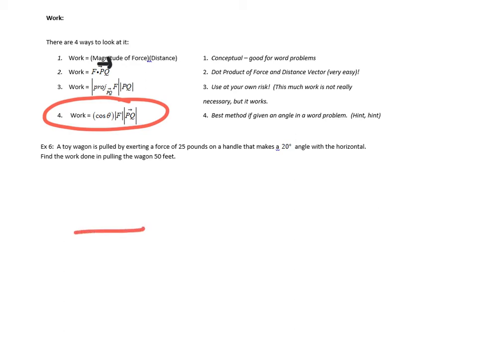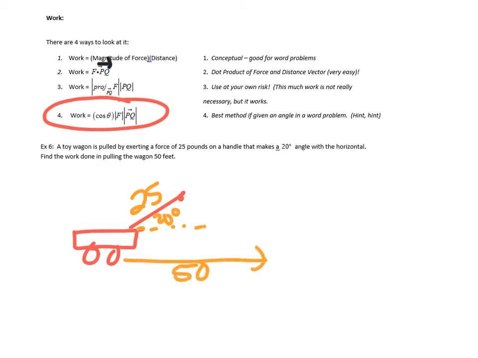So if I have a toy wagon, don't make fun of my wagon, that is pulled with a force of 25 pounds, it makes an angle of 20 degrees, and I want to move it 50 feet.